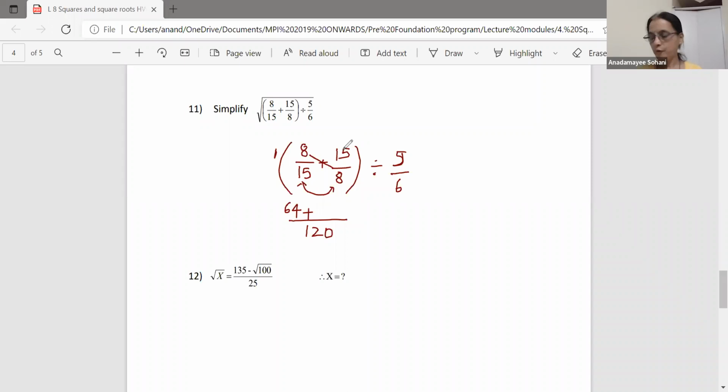So 225 plus 64 upon 120 will be the value of this bracket, divided by 5/6.